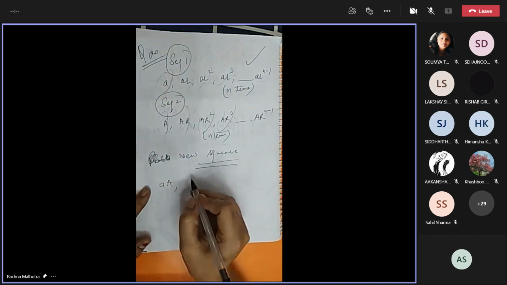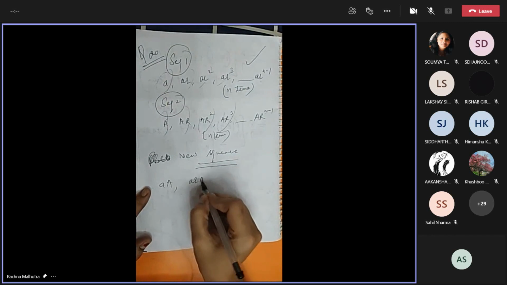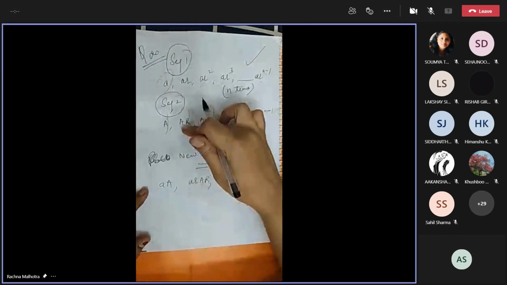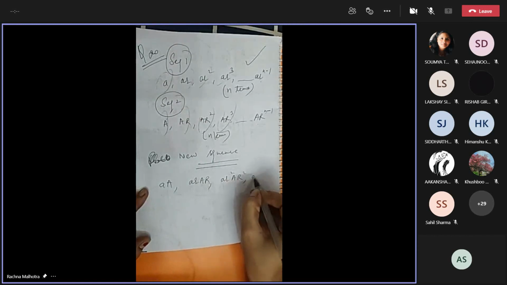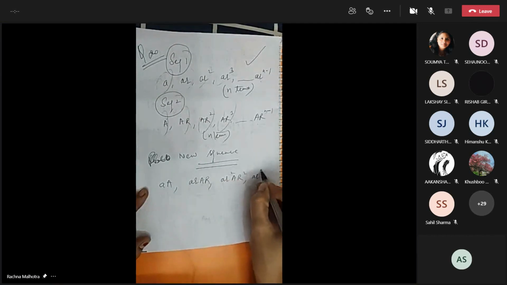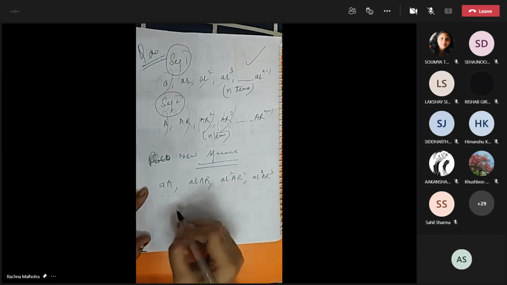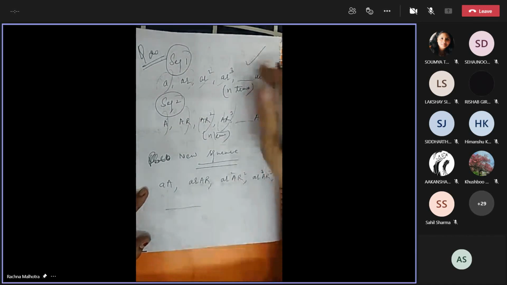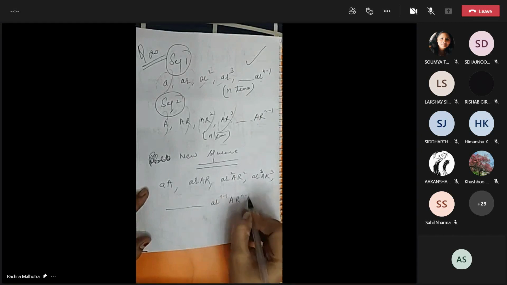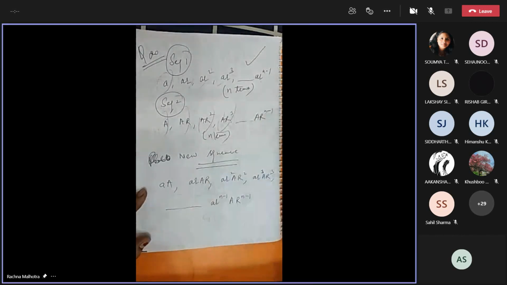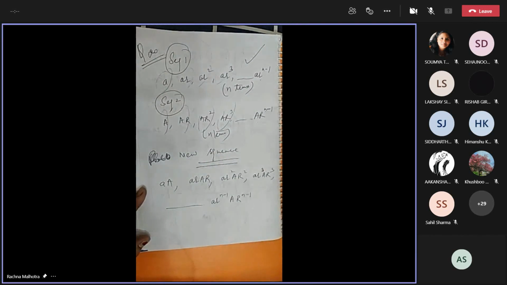A multiply, corresponding means first with first, second with second. Similarly, we can multiply nth with nth. Now we have to check is it forming a GP or not, and if it is making a GP, find its common ratio.